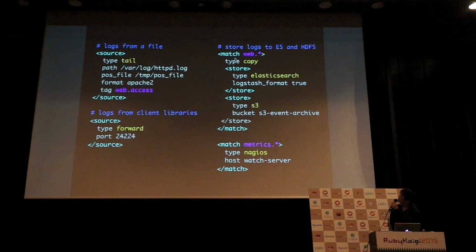And this is a meta plugin called copy. This plugin instantiates two plugins and copies the data to two outputs. In this case, one log goes to Elasticsearch and S3, so you can archive data, and you also can do real-time search on Elasticsearch.